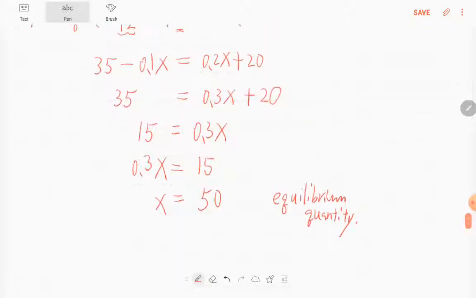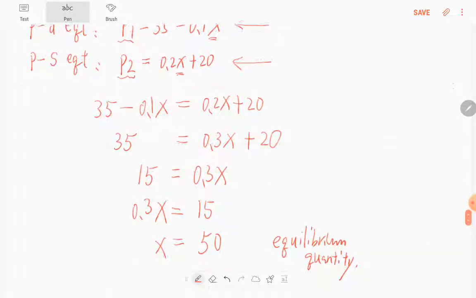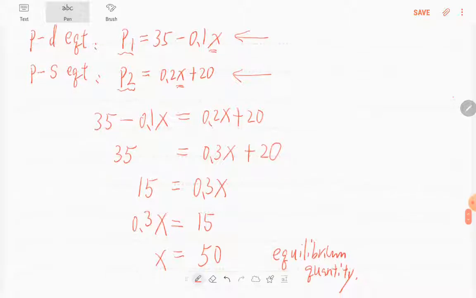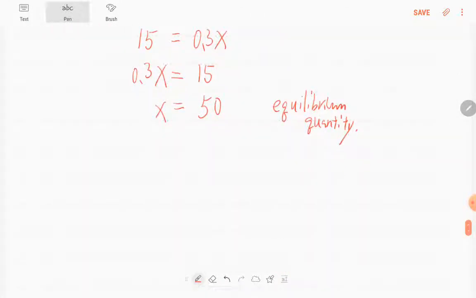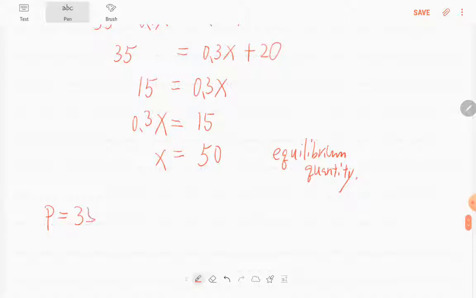So what is the equilibrium price? When x equals 50, what is the price? You can choose either equation, plug in x, and then you can find P, right? If we plug into the first equation, the price would be 35 minus 0.1 times 50, right?